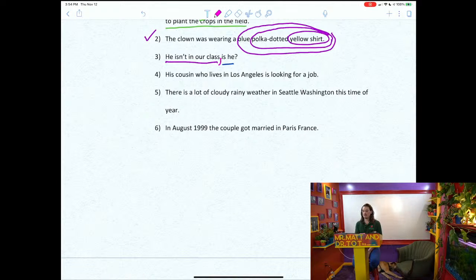So I don't know which cousin of his we're speaking of unless I know, oh, it's the one who lives in Los Angeles. So here this clause, who lives in Los Angeles, is essential to the identification of the subject. So because it is essential, we do not use commas, and so number 4 is correct.